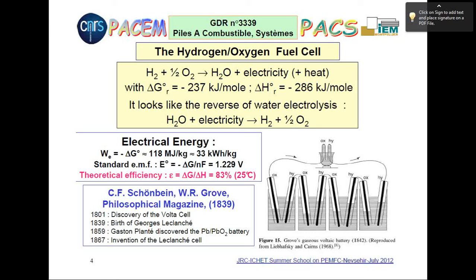So they tried to decompose water. They succeeded, and they got in a glass tube hydrogen and oxygen by decomposing water in a sulfuric acid solution with platinum electrodes, because you need a catalyst to make the reaction at room temperature. After that, they said if we decompose water, you get hydrogen and oxygen, why can we not do the reverse?